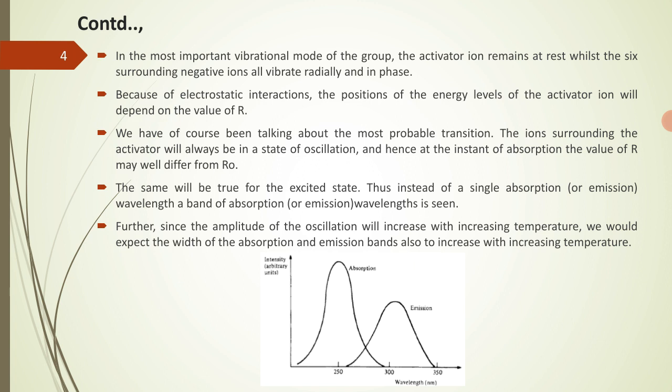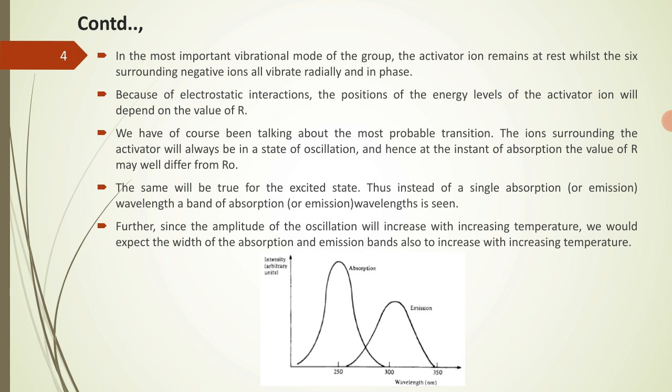Because of electrostatic interaction, the position of the energy levels of the activator ion will always depend upon the value of R. This is true for the excited state also. Instead of a single absorption or emission wavelength, a band of wavelengths is seen.